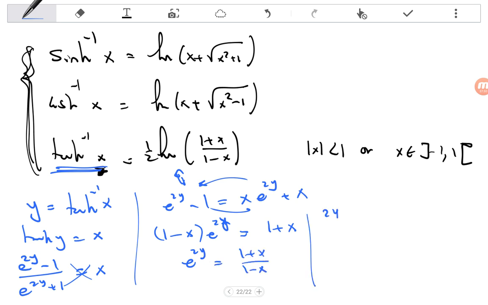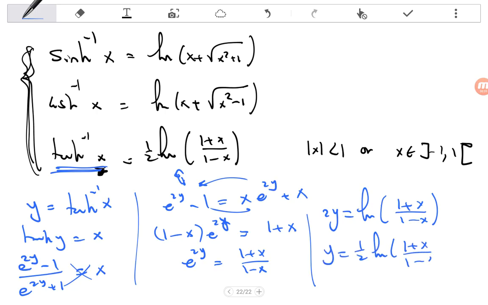So 2y is just equal to the ln, because I need to get rid of that e by operating with the inverse of e, which is ln. So that will be ln of 1 plus x over 1 minus x, and that's why y will be half ln of 1 plus x over 1 minus x. So that y, which is tanh inverse x, is now expressed by the ln.